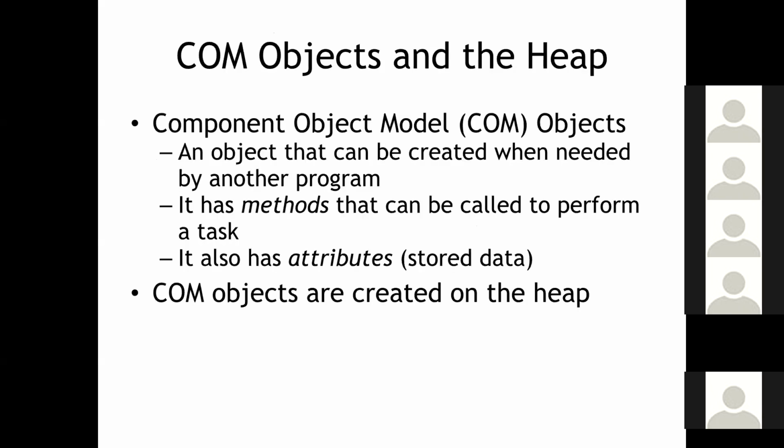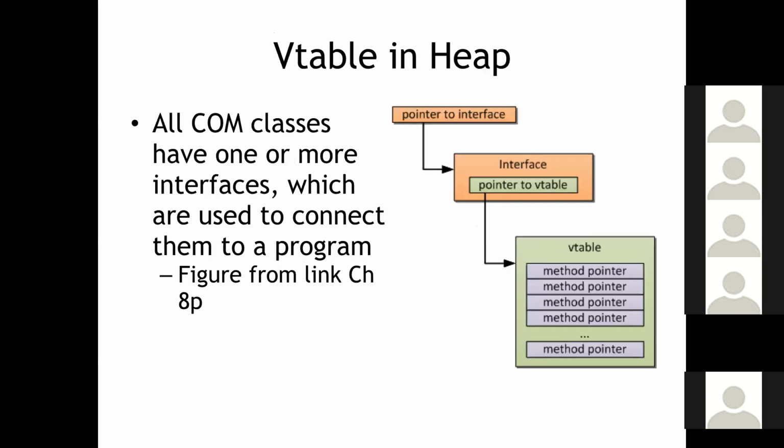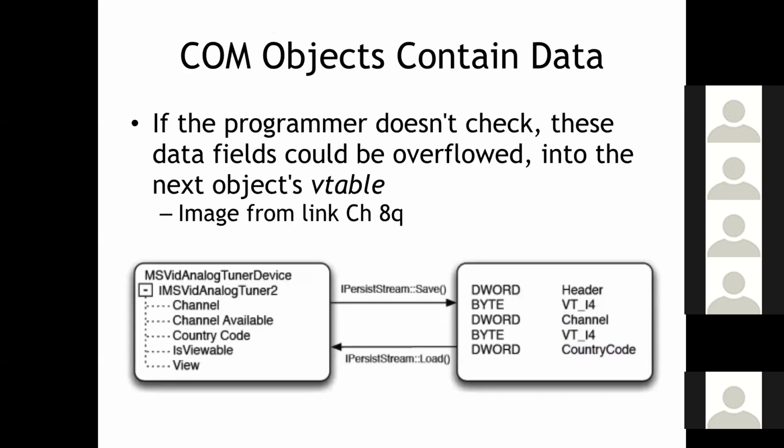All right, so then there's component object models. These are models, data structures with attributes and methods that are created on the heap, and they have code in them, and there's a bunch of them. And there's a table called the V table that points to these things. The COM object model is a big part of Windows, and they contain data, and those data fields can overflow.